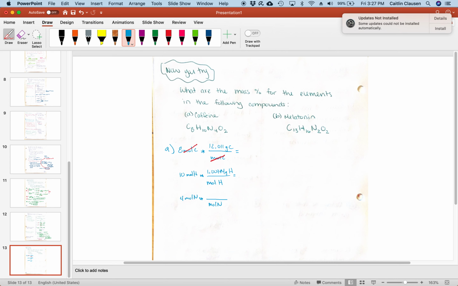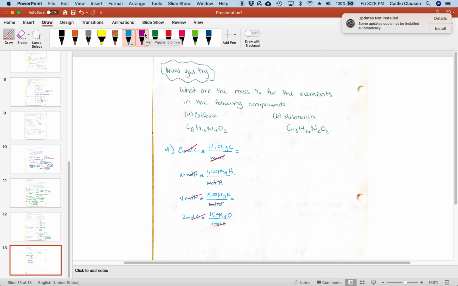And nitrogen is 14.0067 grams nitrogen. And then 2 moles oxygen, that's 15.999. Oops, that should go on top. 15.999 grams of oxygen per mole of oxygen. Moles are canceling in oxygen, moles are canceling in nitrogen, and moles are canceling in hydrogen.